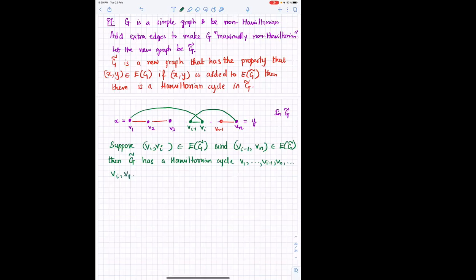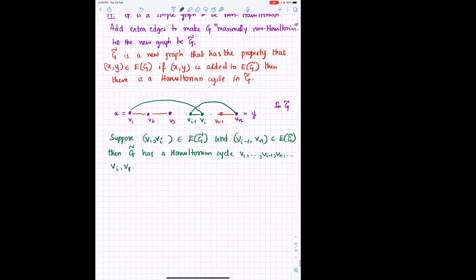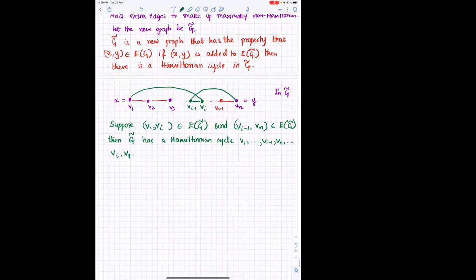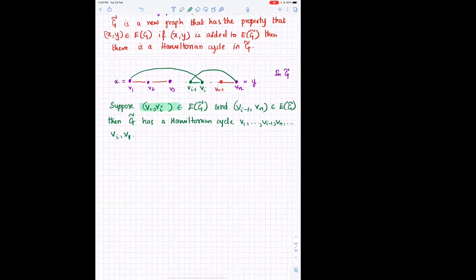Is this clear? So what can we say about these two edges? If both of them are there, then there is a Hamiltonian cycle in G tilde. But what do we know about G tilde?